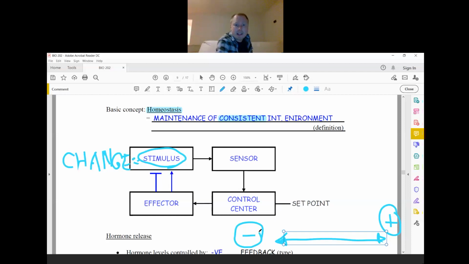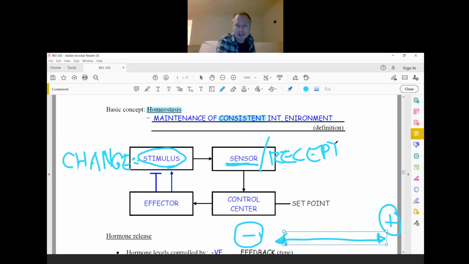So let's have a look at that. How this change is detected: it's going to be a sensor or a receptor of some kind. And this receptor or sensor itself doesn't really give meaning to what it notices.